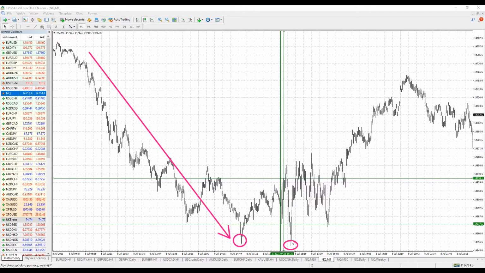That's the point number one, right? It's good if it's below the low of the first 5-minute trading range.